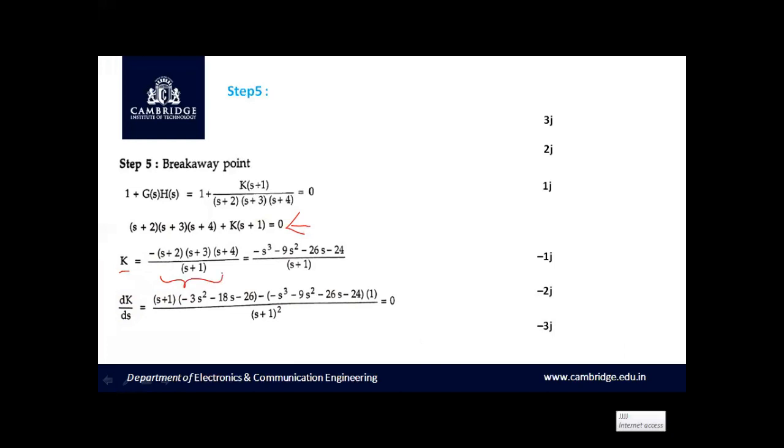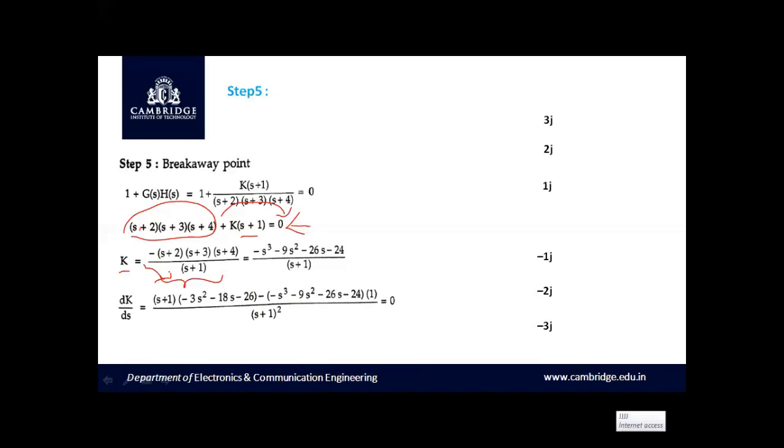Therefore, taking the first term to the right side and taking the coefficient of K, that is s plus 1, to the denominator, we get K equal to minus (s plus 2)(s plus 3)(s plus 4) divided by (s plus 1). For the simplification, I get minus s cubed minus 9s square minus 26s minus 24 divided by s plus 1.